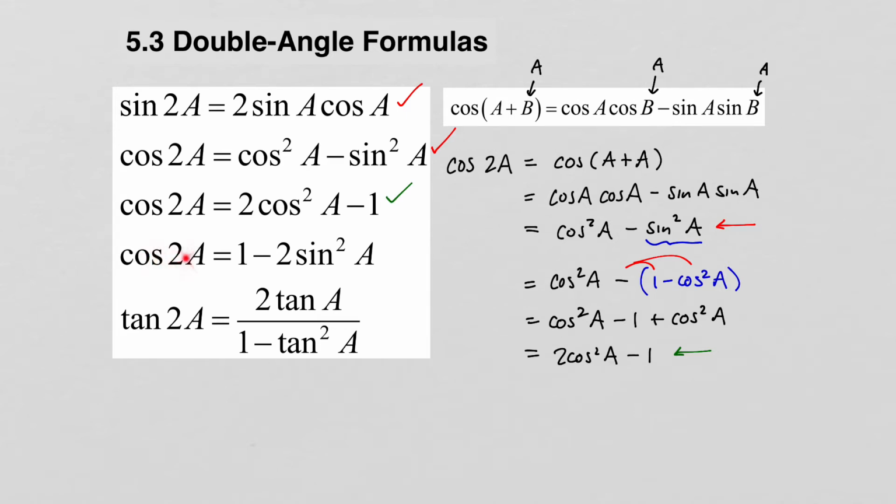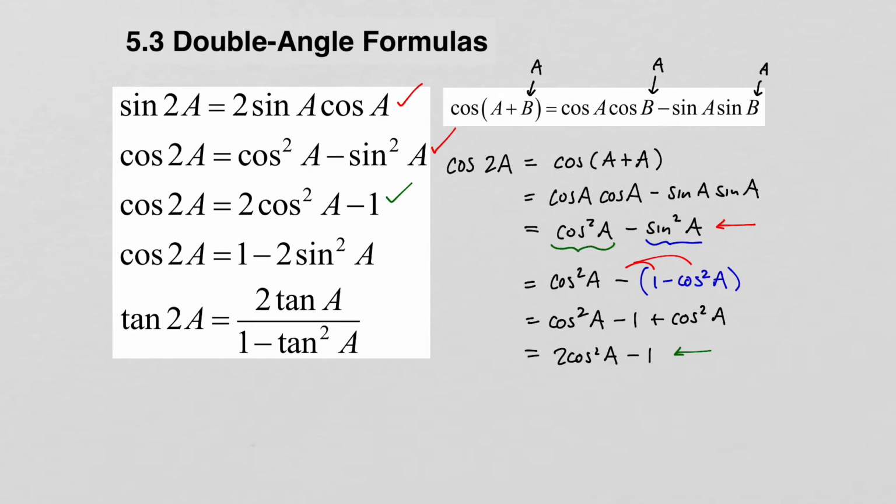And finally, to prove the last formula here, I'm just going to go back up to this expression. But now, instead of replacing sine squared with 1 minus cosine squared, I'm going to replace cosine squared with 1 minus sine squared.